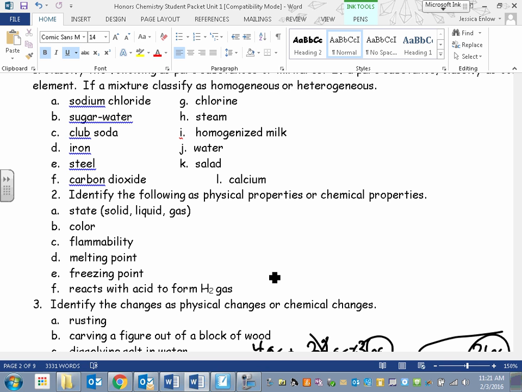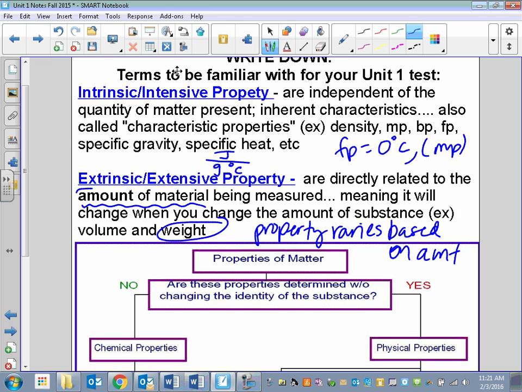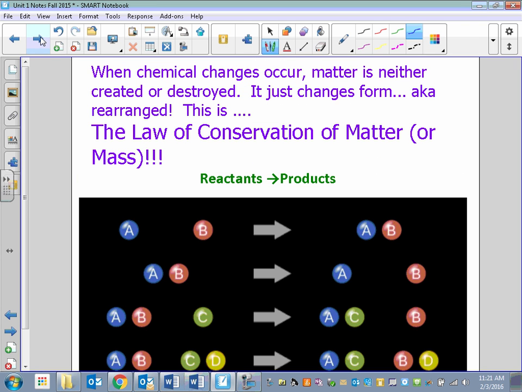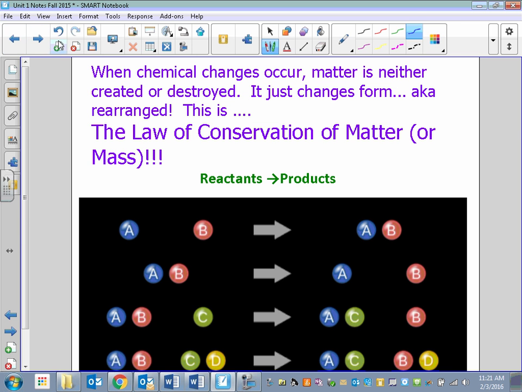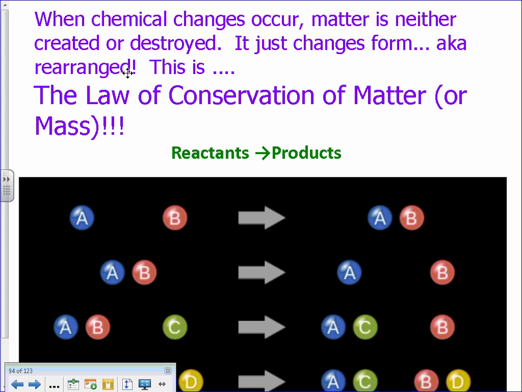Okay, let's do some notes real fast on law of conservation of matter, and then we're jumping into the lab. Some of this might not be a lot that you need to write down. I want you to write down what you feel like you need to write down. So don't feel like you have to write down everything just because it's up there.